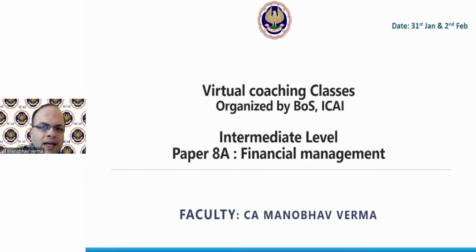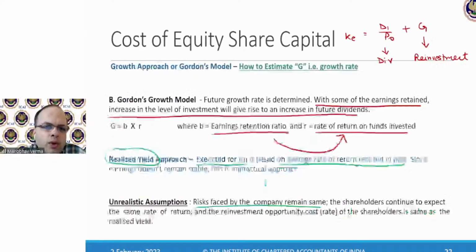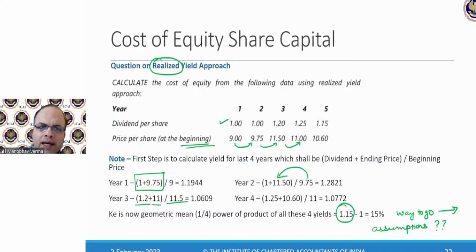Okay. Then the second question was on realized yield from Shivangi. Shivangi, we discussed the realized yield approach in the last class. I would request you to go back to that discussion again. We looked at the example where we discussed what has been realized in the past and how we calculated the geometric mean of the same, and we expect that to continue in the future. We talked about the assumptions.